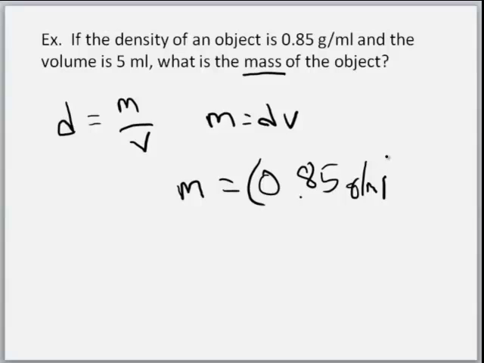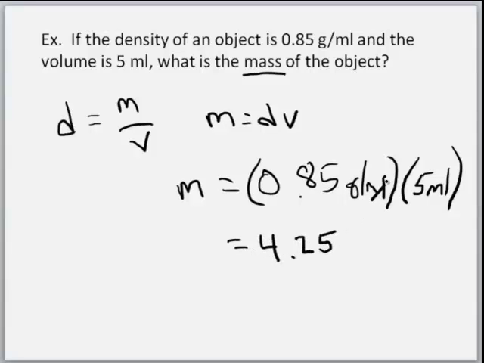Let's put some parentheses here, and we're going to multiply that by our volume of 5 milliliters, and we get 0.85 times 5, so we would get a mass of 4.25, and again, our units milliliters cancel. The unit left over is grams. So our mass is equal to 4.25 grams.